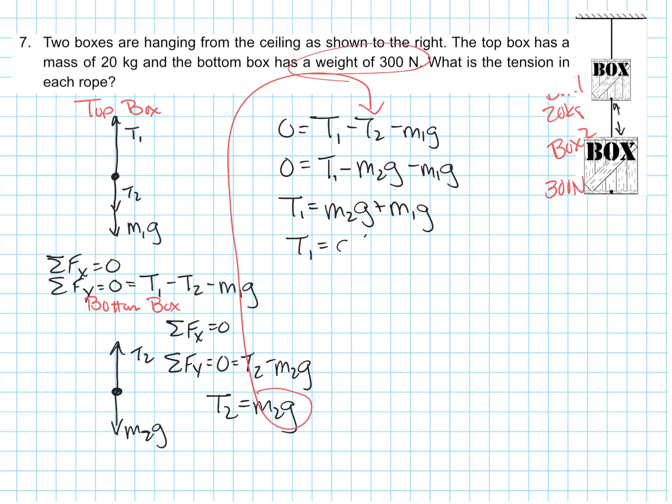All right, so let's just erase this. Top box is 20 kilograms, so that's going to be 20 kilograms times 9.80 meters per second squared, plus the bottom box, which has a weight of 300 newtons.